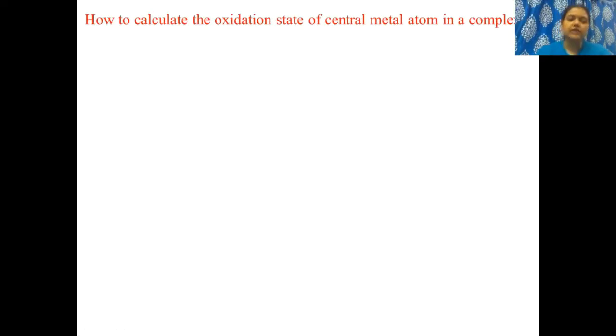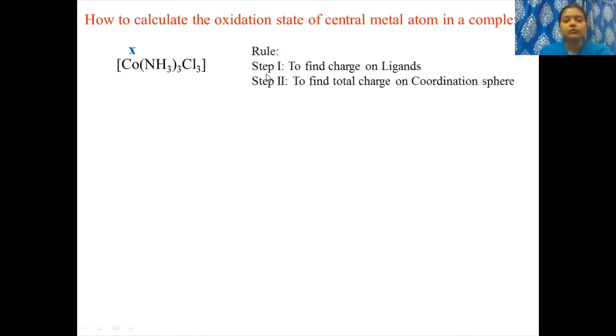Next question is how to calculate the oxidation state of the central metal atom in the complex. Here [Co(NH3)3Cl3] is the coordination compound. We will calculate the oxidation state of cobalt. Let's say the oxidation state of cobalt is x. The rule is first to find the charge on the ligands, and second, find the charge on the coordination sphere.